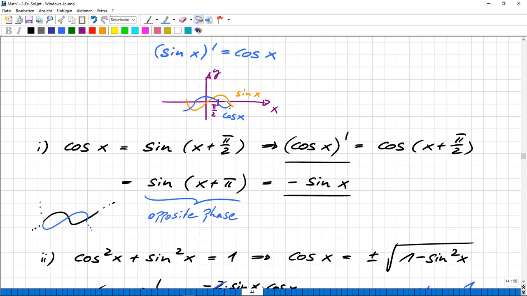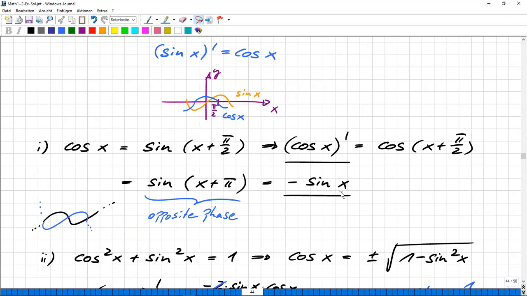Shifting such a periodic function by half its period, and by the way, it's a perfect alternating signal, where now this time the positive half wave gets replaced by the negative half wave, and the other way around, means that in the end what we get is the same thing as just the negative sine of x.